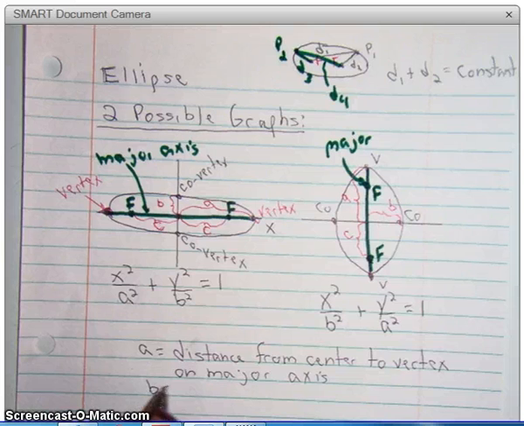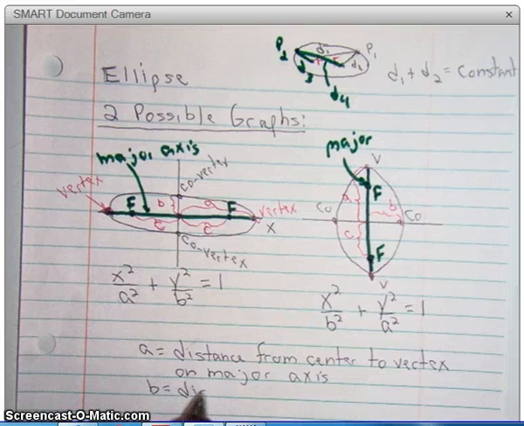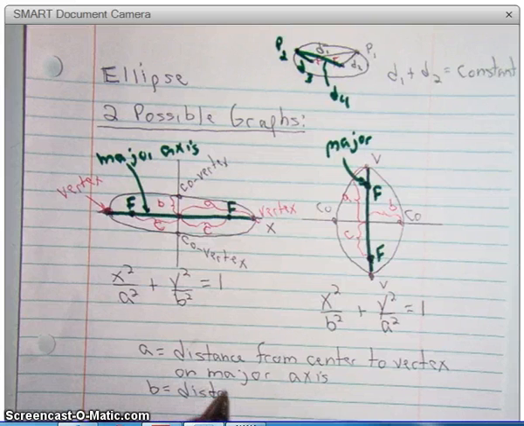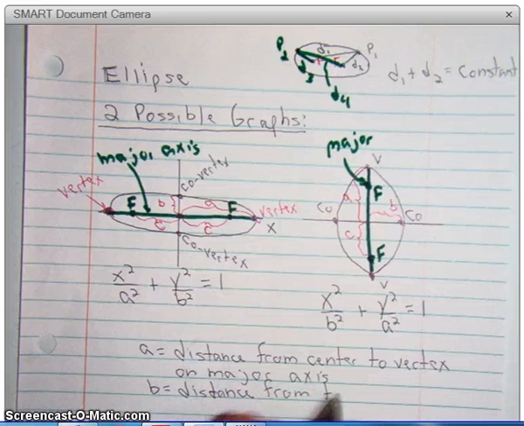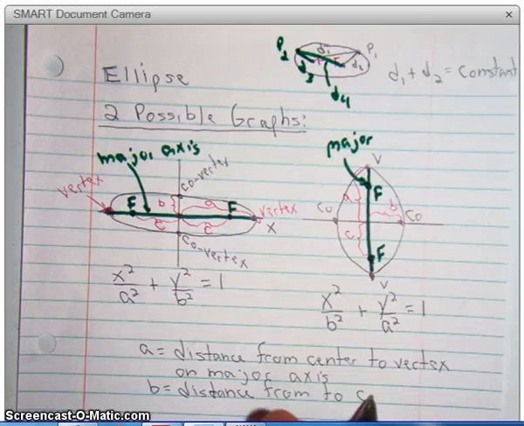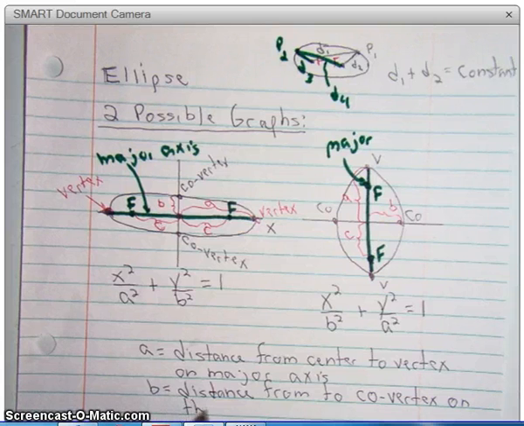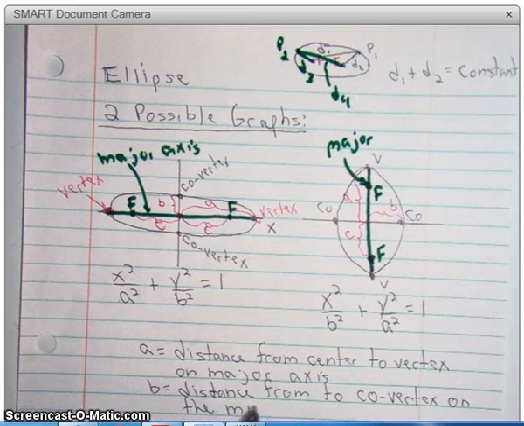B was the distance from center to what, gang? Co-vertex. On the what axis, gang? Minor axis.